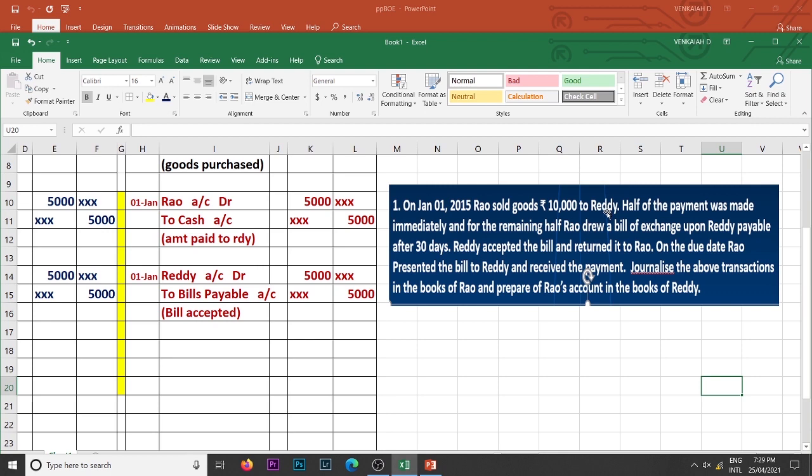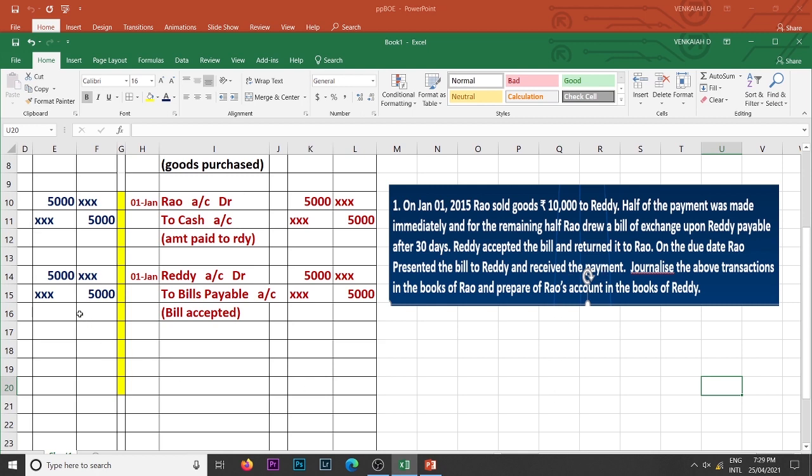Goods sold by Rao, sales we recorded, purchase also we recorded. Half the payment was made immediately. So Reddy paid half the amount. We recorded the half-amount payment in Reddy's books, and the half amount received in Rao's books. Rao drew the bill of exchange upon Reddy payable after 30 days.